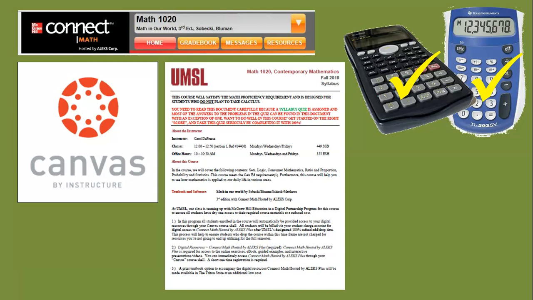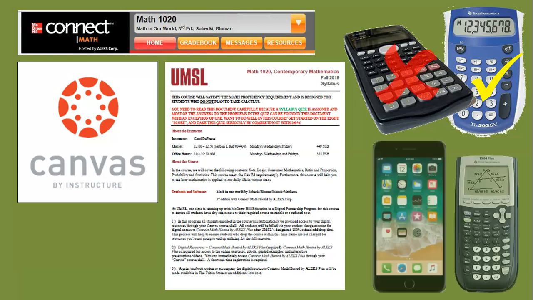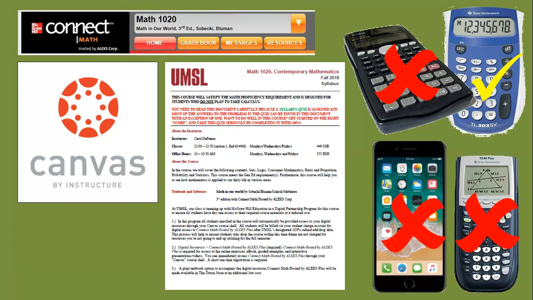However, when it comes to the midterm and the final, not all calculators are allowed, and you cannot use the calculator on your phone or a graphing calculator on the midterm or the final. Please read the syllabus to find out exactly what kinds of calculators are allowed on the midterm and the final.